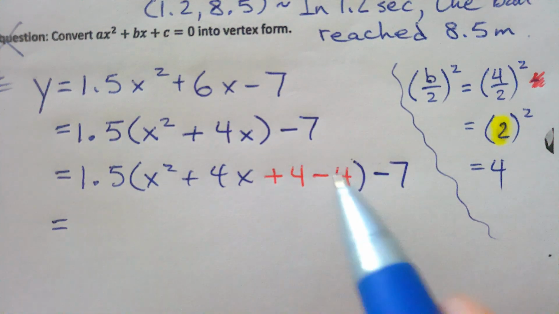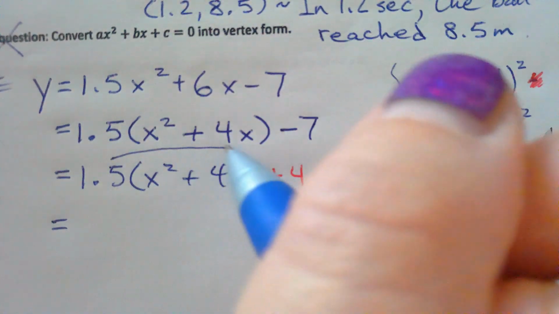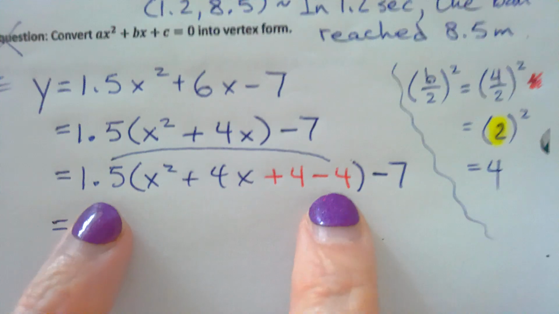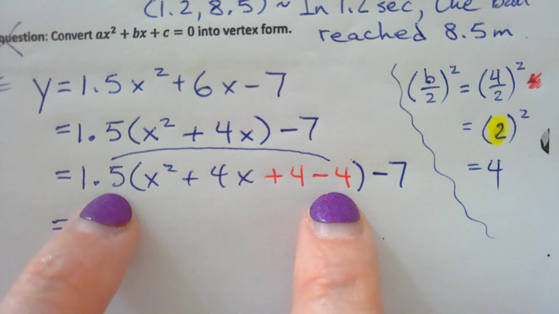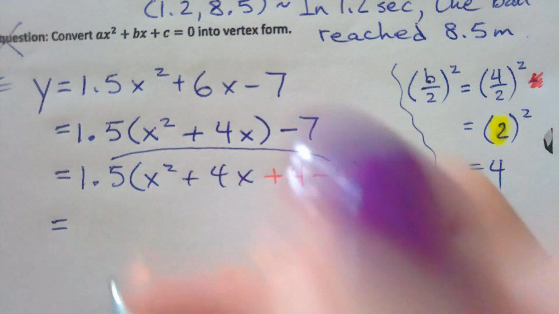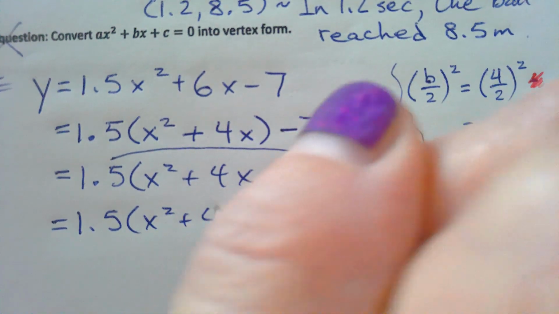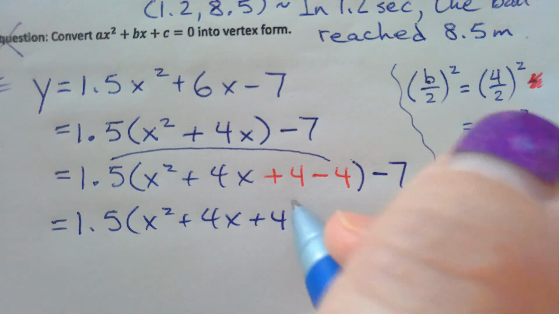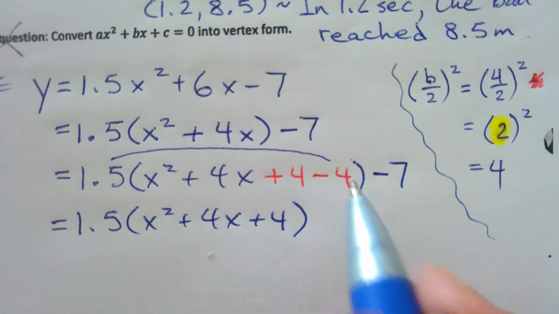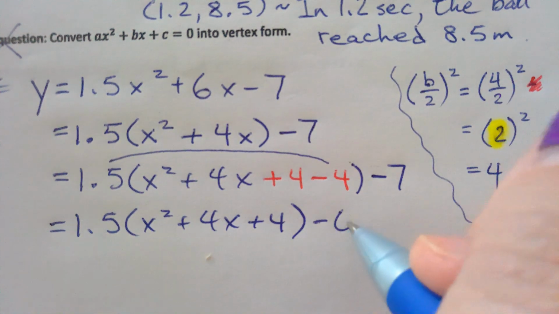The fourth term is this minus 4 right here. And my a value again is 1.5. So I just multiplied those two together so that I can bring it out of the bracket. So 1.5(x² + 4x + 4), and I'm going to multiply to bring it out of the bracket, so that will be minus 6.